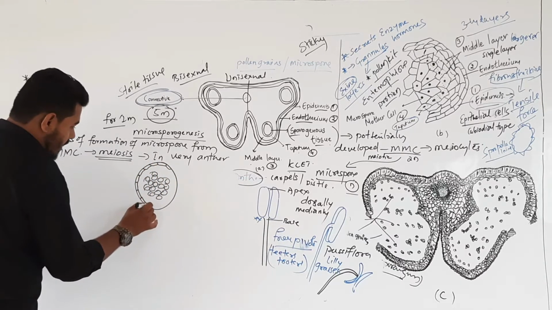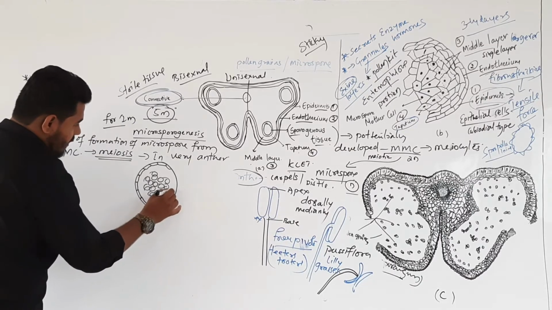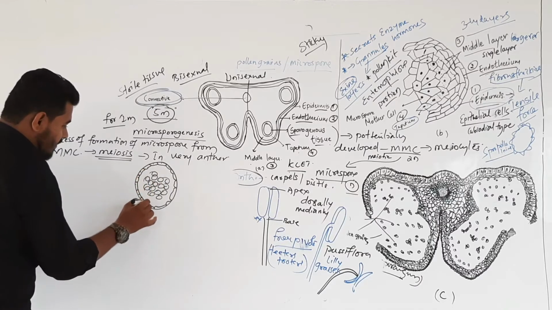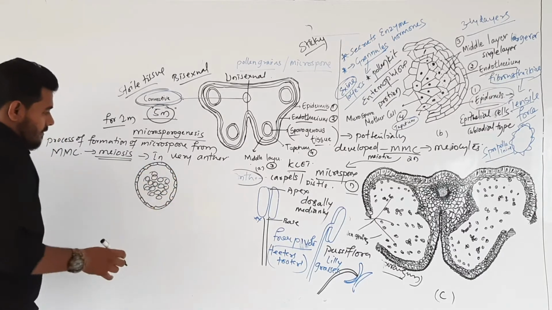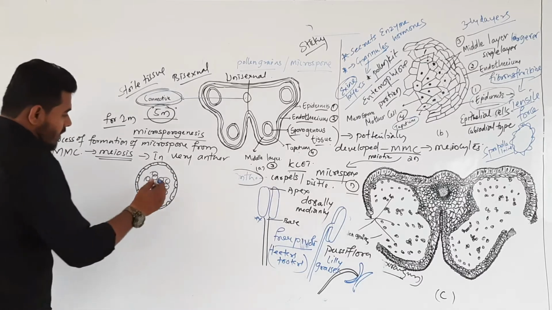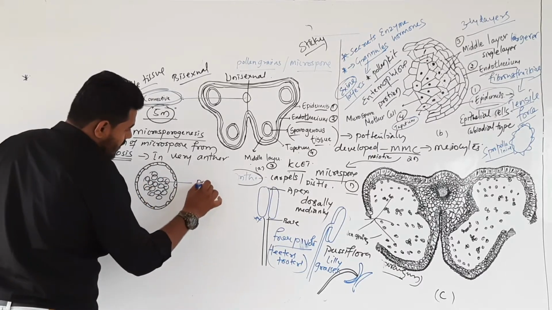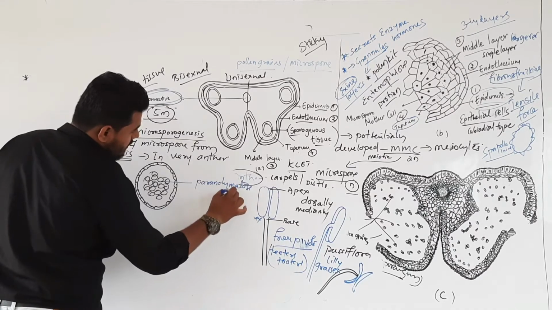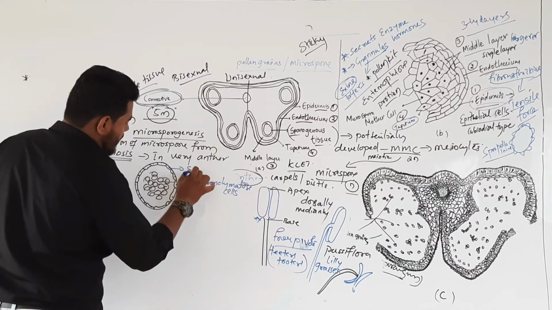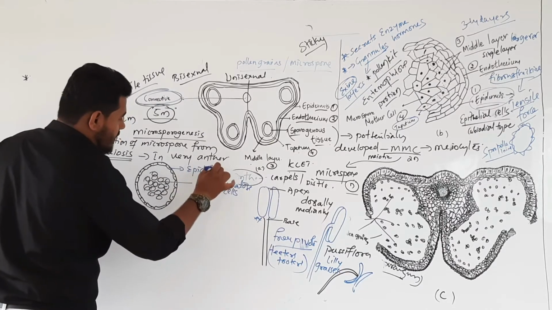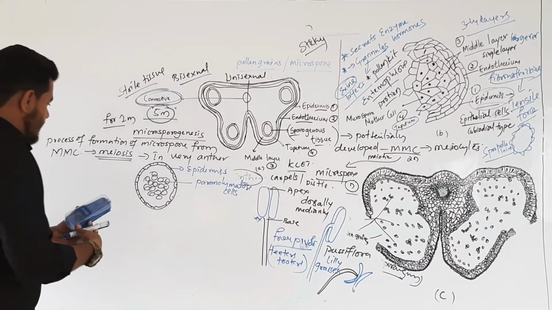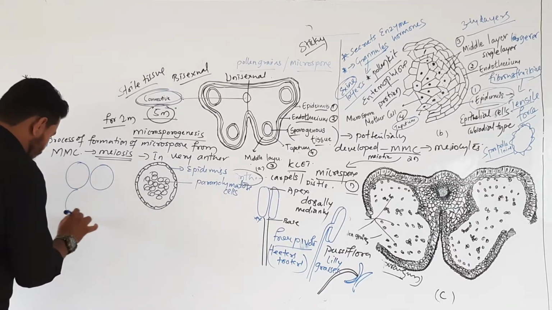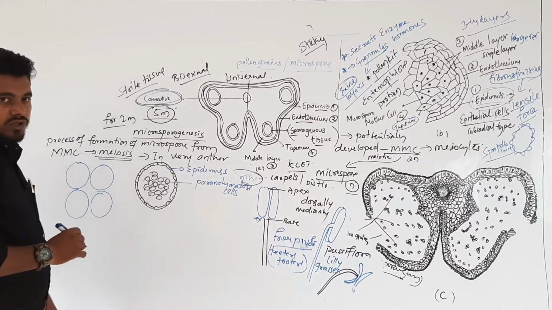When these anthers start developing, the first layer which is developed is epidermis, which encloses parenchymatous cells. This is epidermis. Soon this forms 4 microsporangia.